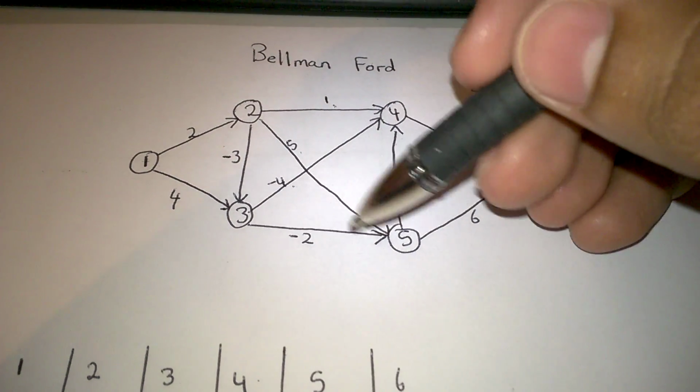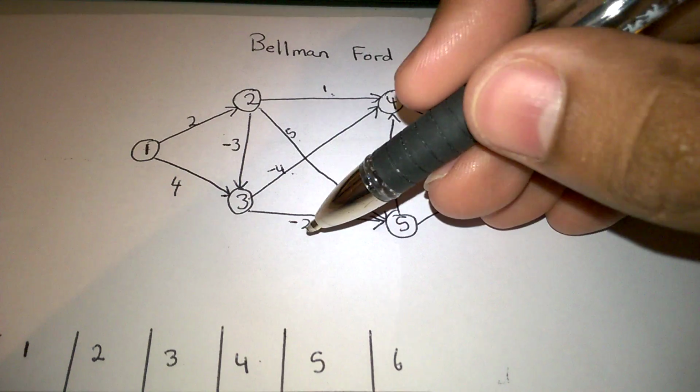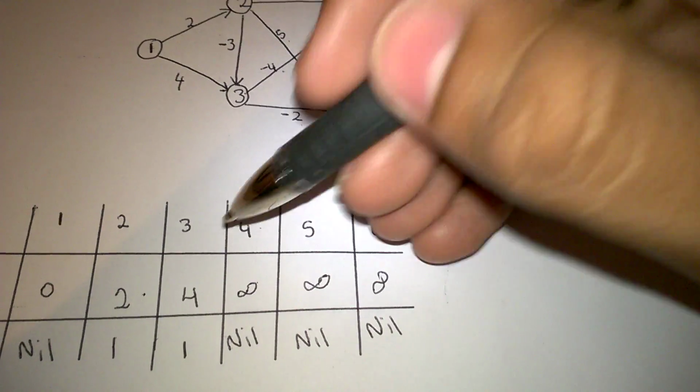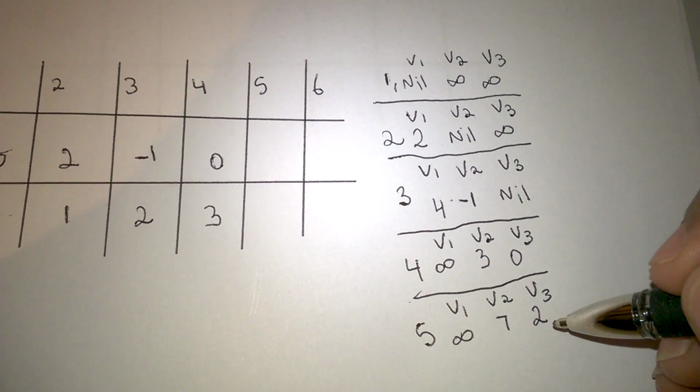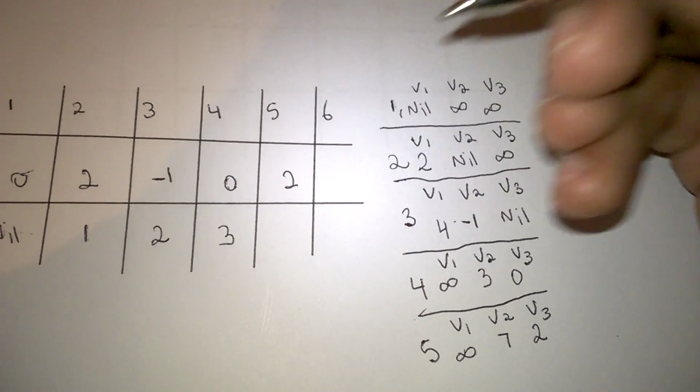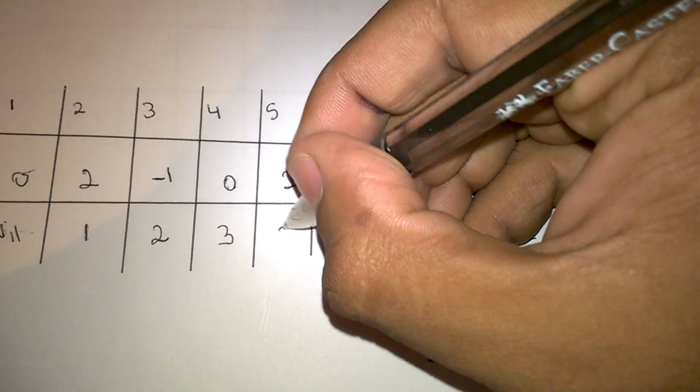Could we reach v5 from v3? Yes, we can at the cost of negative 2 plus 4, which will give us 2. So we choose the smallest, which is 2, and we're going to update the parent to 3.